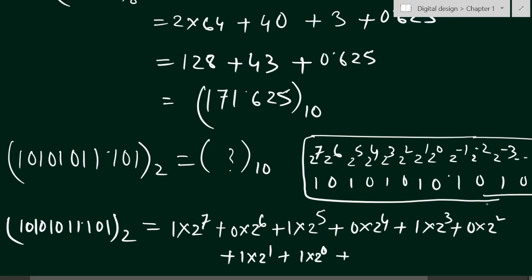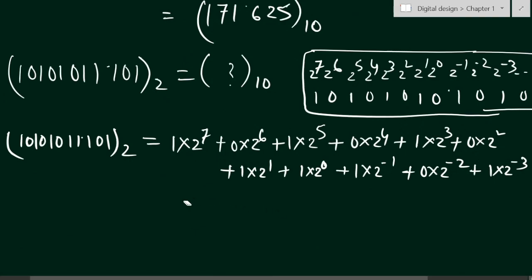Plus after the decimal we have 1 into 2 to the power minus 1, plus 0 into 2 to the power minus 2, plus 1 into 2 to the power minus 3. You just have to multiply in this manner and then add.